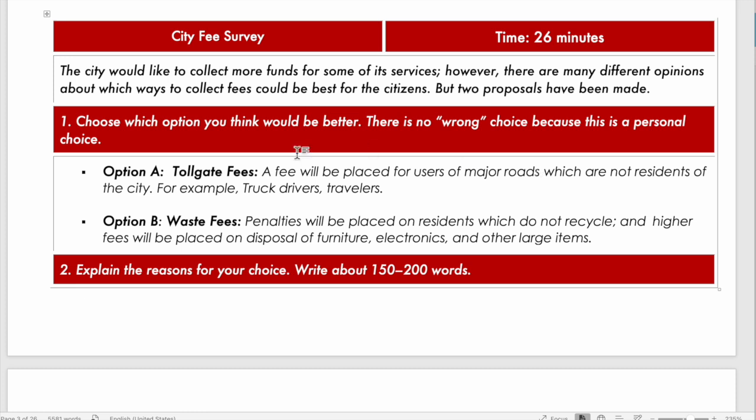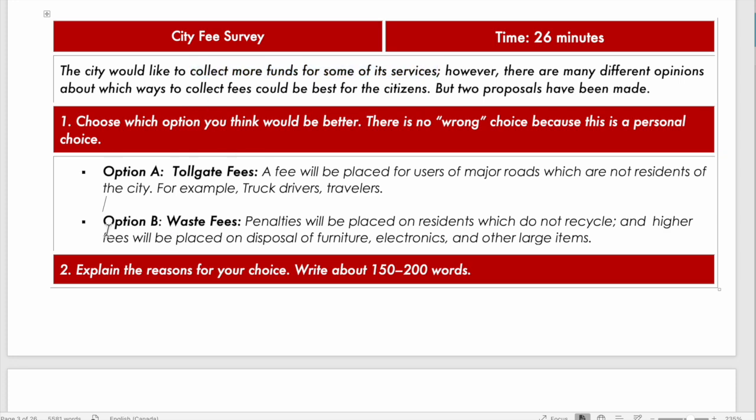So, there will be a fee or a cost for people who are not residents of the city, for example, truck drivers and travelers. So when people use the highways, they will have some fee to pay. Okay, so that's one way to collect fees, one way to collect more funds.